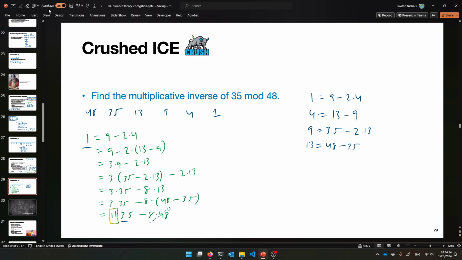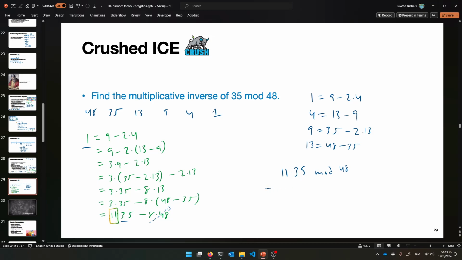And so let me prove that to you. You can always check your answer. So 11 is going to be the inverse of 35 mod 48, and we just discovered that. Let's prove it to ourselves. So let's do 11 times 35, and let's work mod 48.